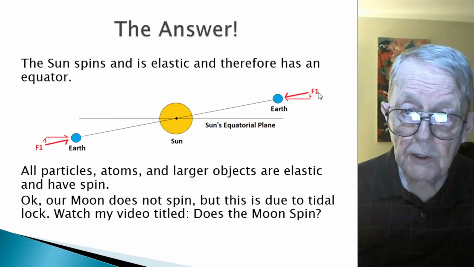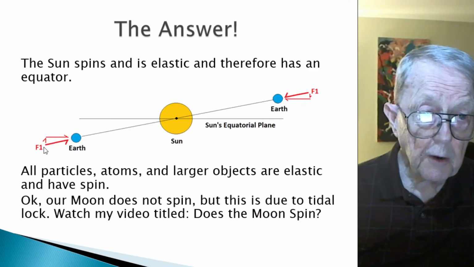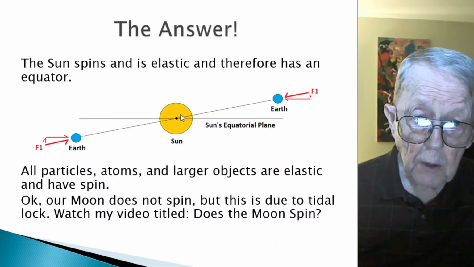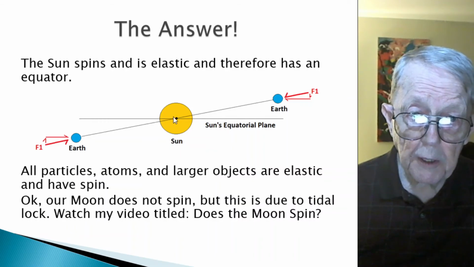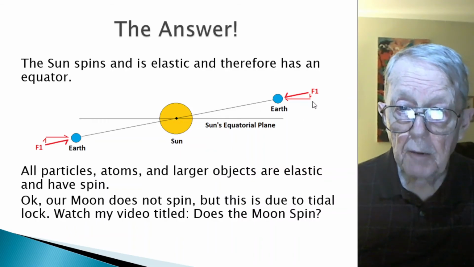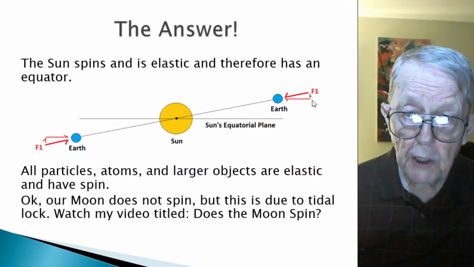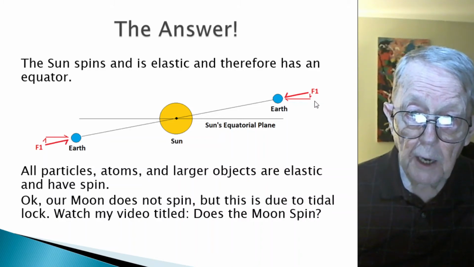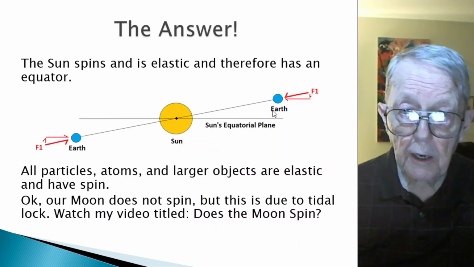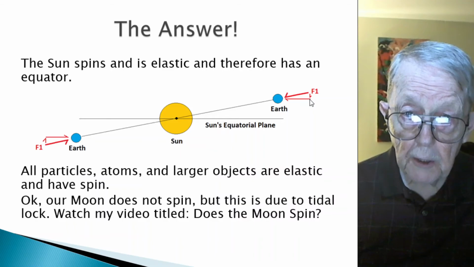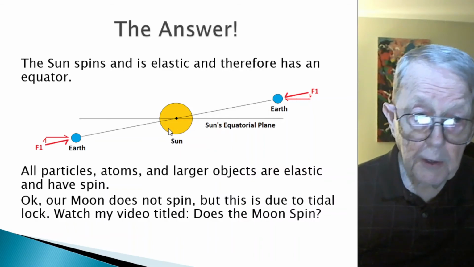The net force caused by G1 particles is F1 on the Earth here, F1 on the Earth here. You can take this force, as it's generally pointing to the center of the sun, and break it into two pieces: a vertical piece pushing down here, and a horizontal piece pushing to the left. There's a small force here pushing down on the Earth.